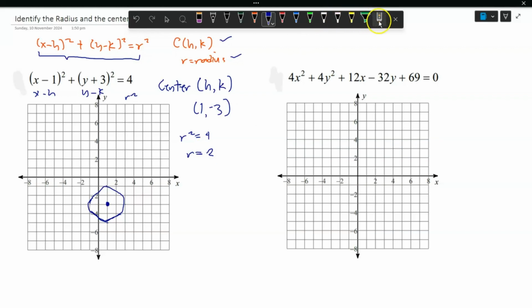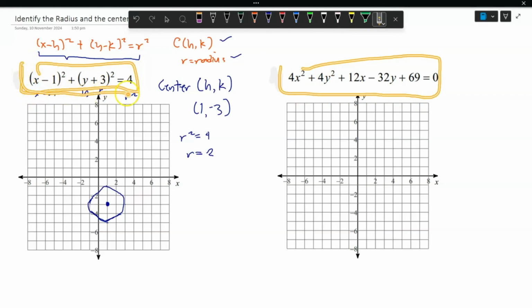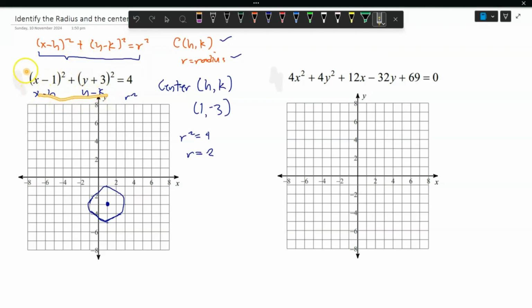Now, if you're going to look at this equation, it's a bit different from this one, right? Again, this equation is in standard form, and we said earlier that if the equation is in standard form, it is easier for us to find our center and the radius compared to this equation.